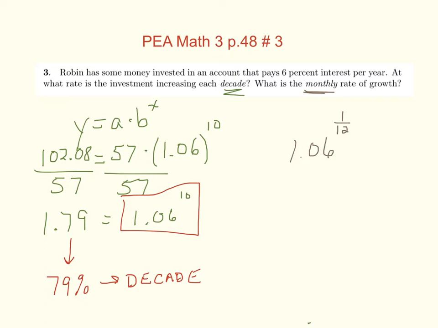Anybody calculate that yet? I think it's 1.004. Yeah, about that. What percentage is that? 4%. Oops, that's right, 0.4% monthly.